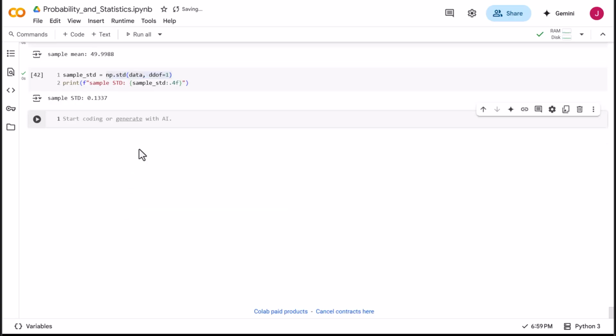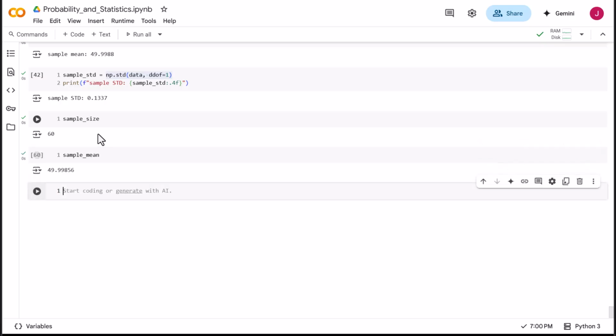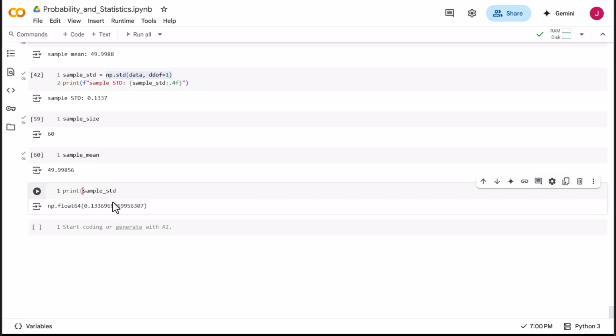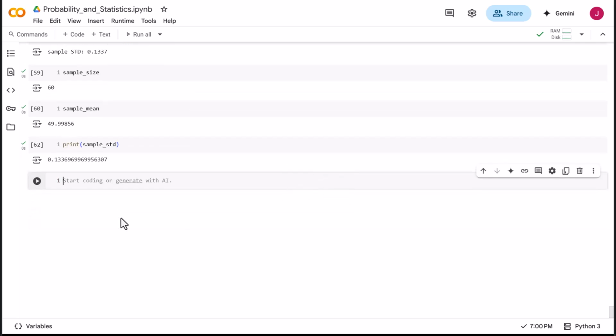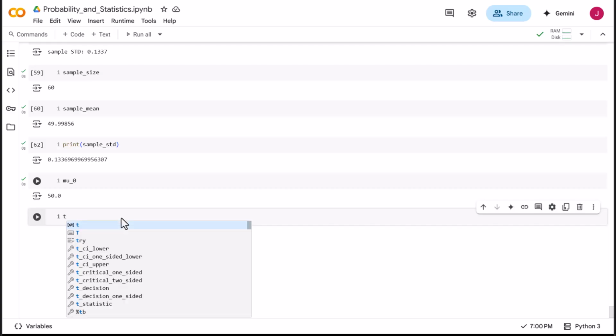All right, now we want to calculate the t-statistic. Sample size is equal to 60, sample mean is equal to 49.99, sample standard deviation is equal to 0.113, and then mu 0 is equal to 50. Now we calculate the t-statistic.